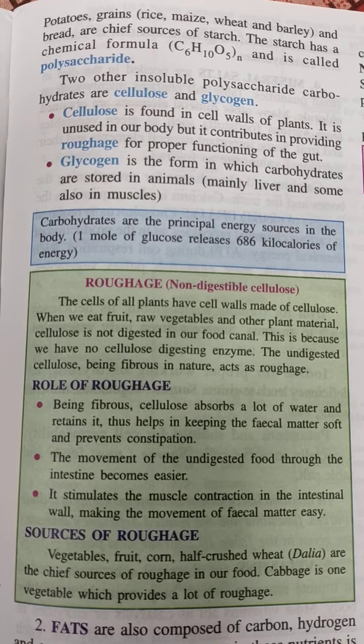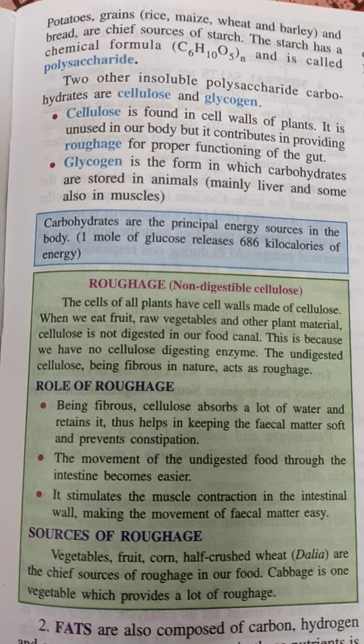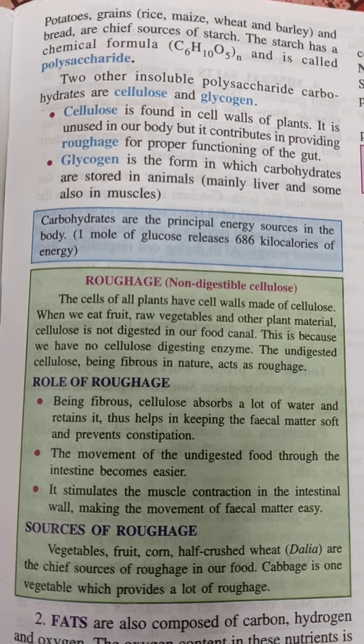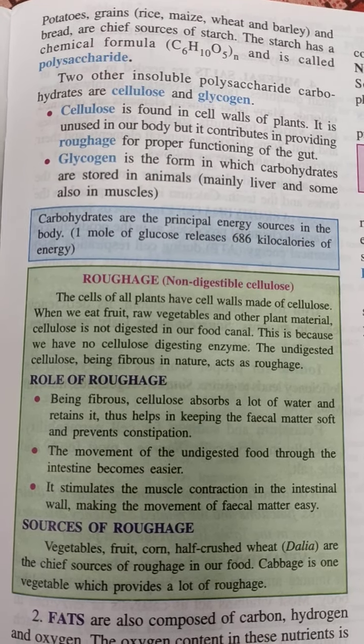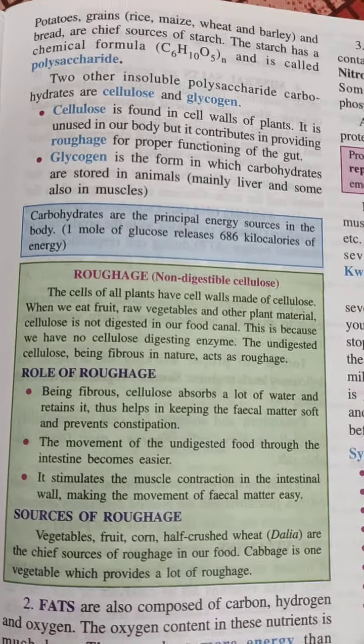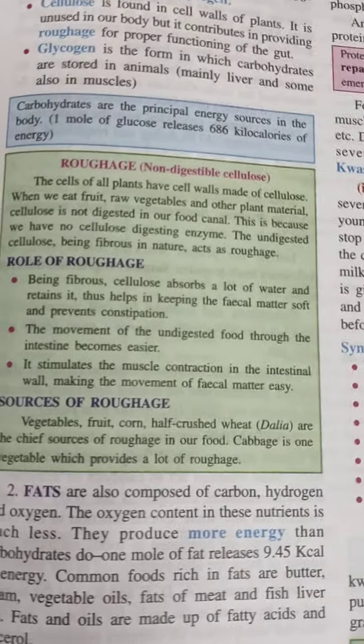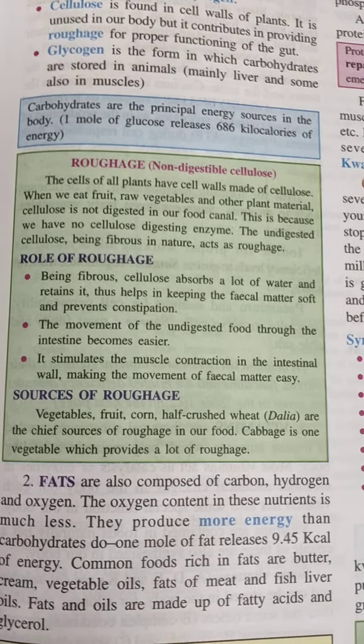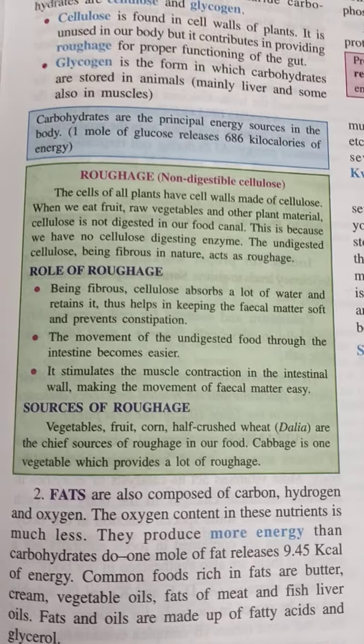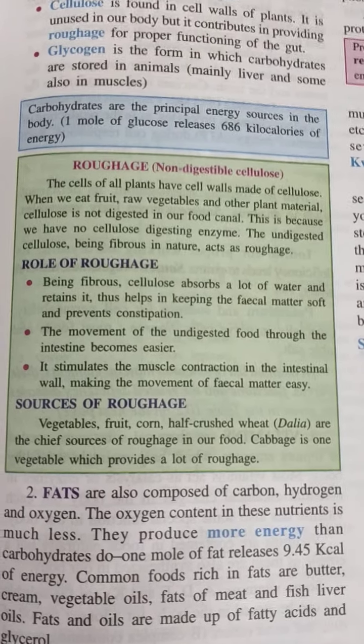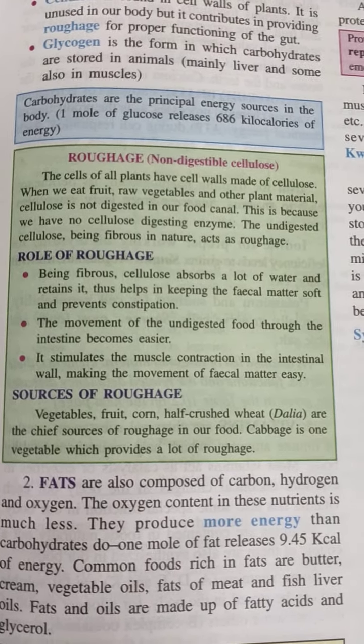Carbohydrates are the principal energy sources in the body. 1 mole of glucose releases 686 kilocalories of energy. Now, roughage, you only have to know what are the roles of roughage, all the 3 points, and you can also learn the sources of roughage.